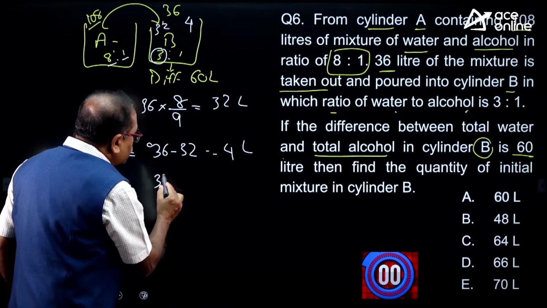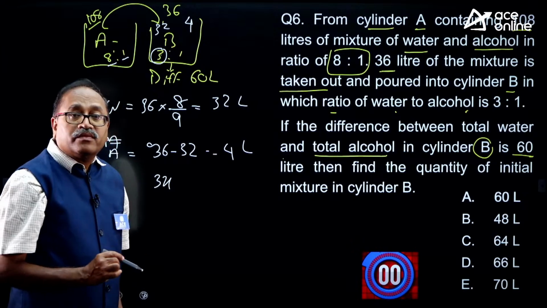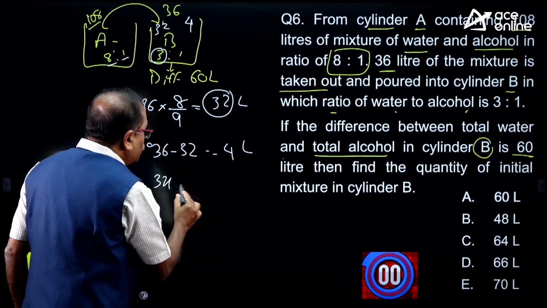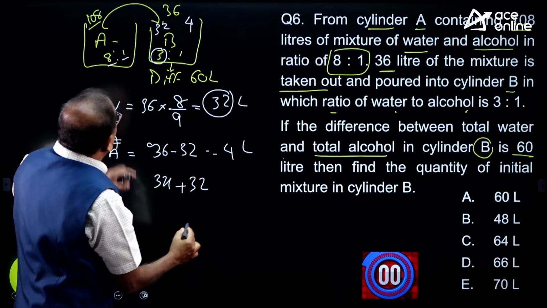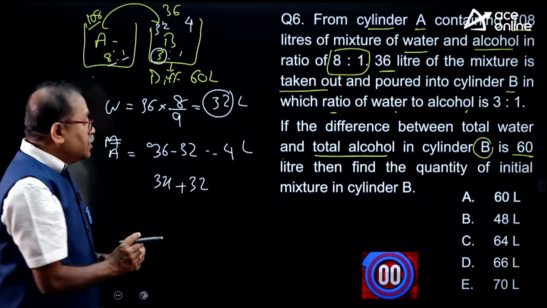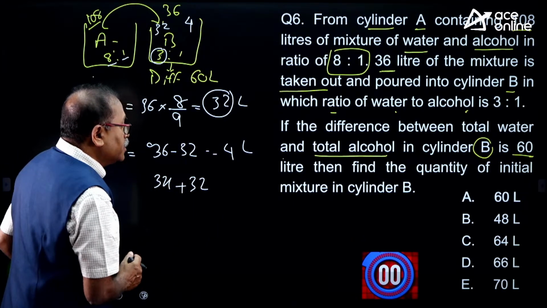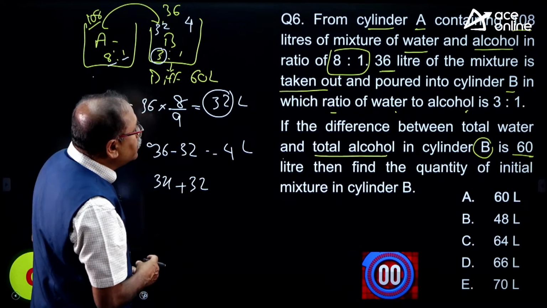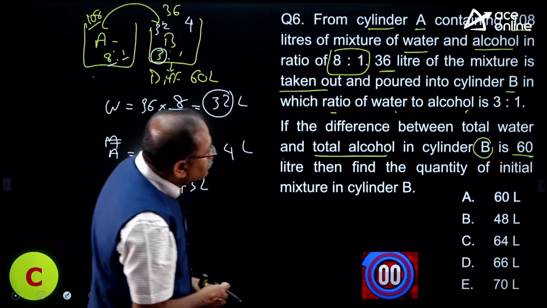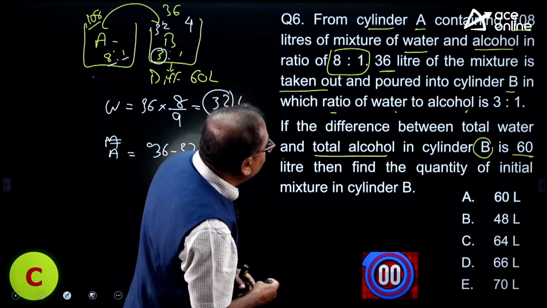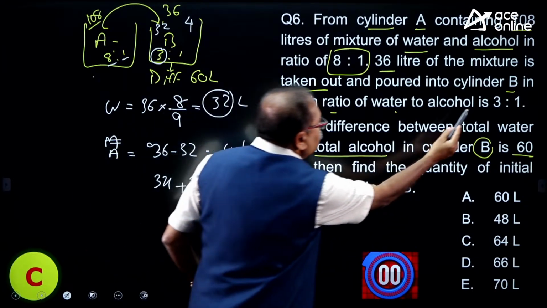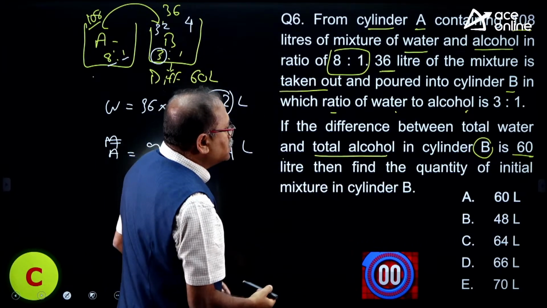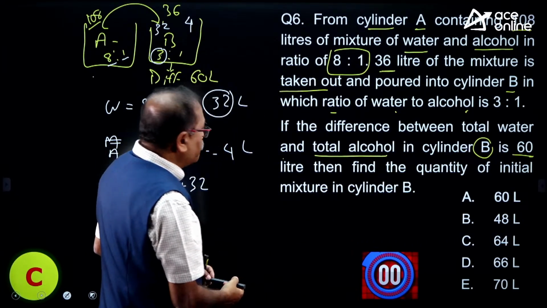So here 3x water is there, and in addition to the 3x water, another 32 liters of water comes from A. And from here, the alcohol: here it is 3:1, and the total alcohol in the cylinder is x.